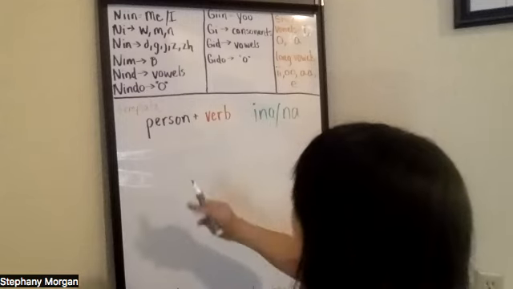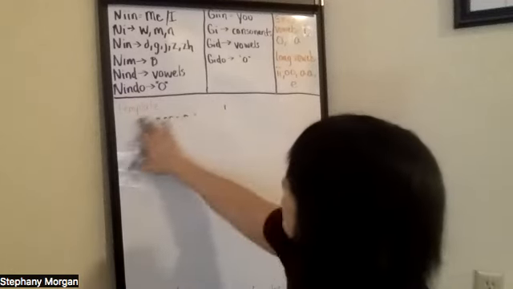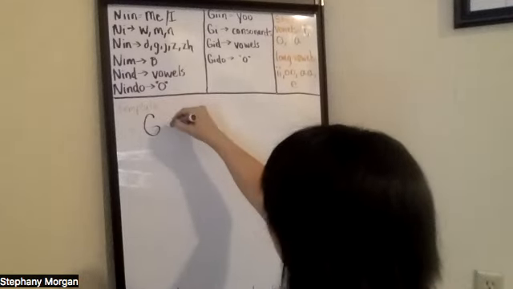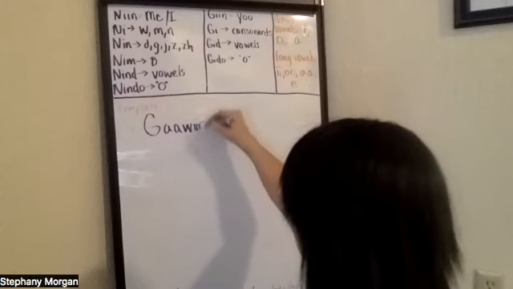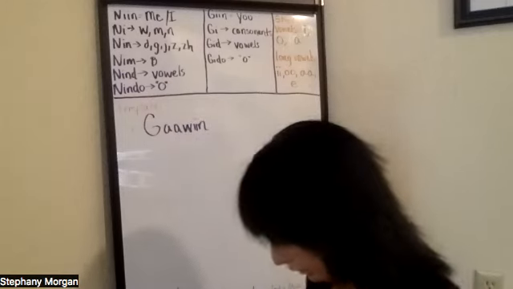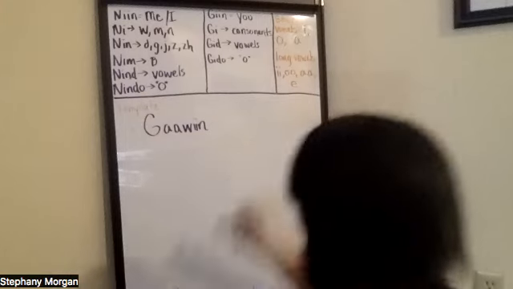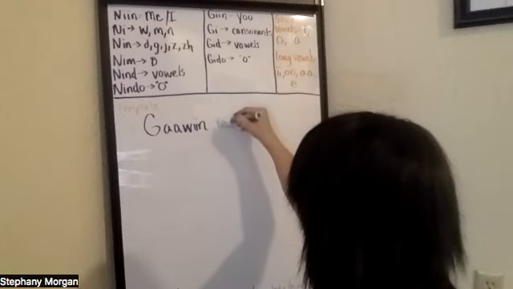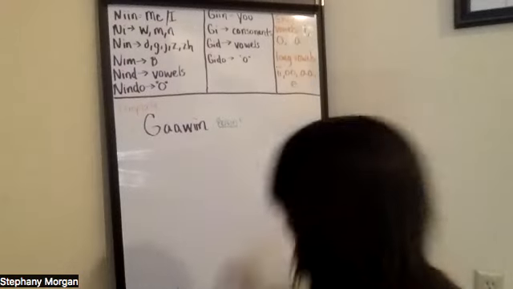Our template is going to become: it's always going to start with gaawiin. And then we have our person plus our verb.